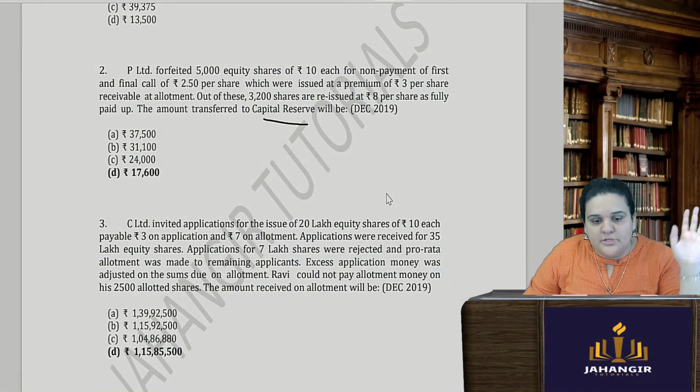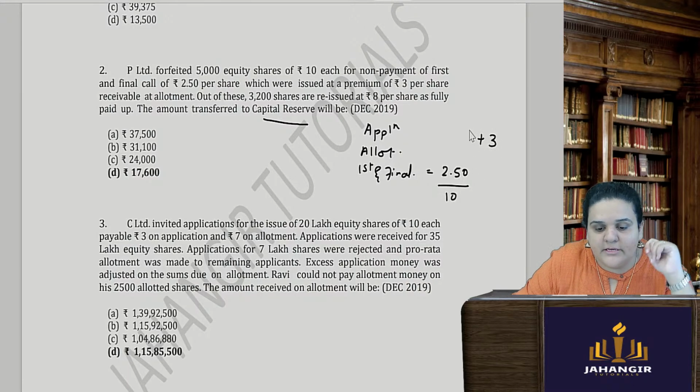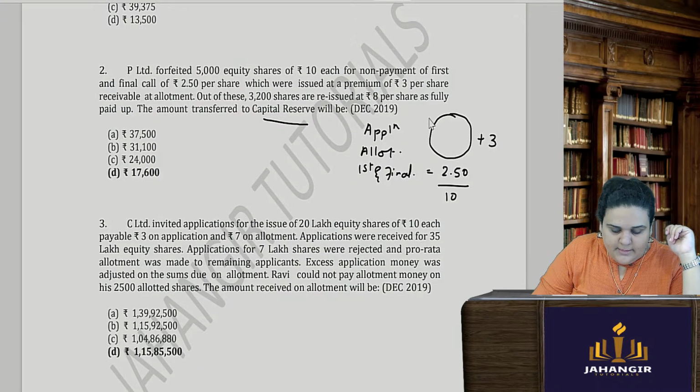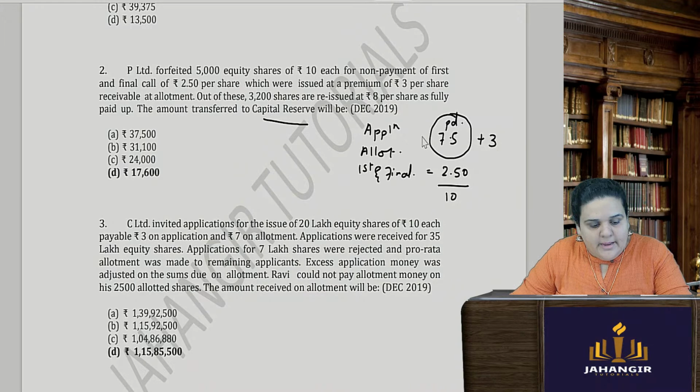These were issued at a premium, so there must be application stage, allotment stage, and first and final call. This is only unpaid out of 10 rupees. Premium is separate. So in share forfeiture, 10 minus 2.5, 7.5 is paid, no? So I am just taking that much.